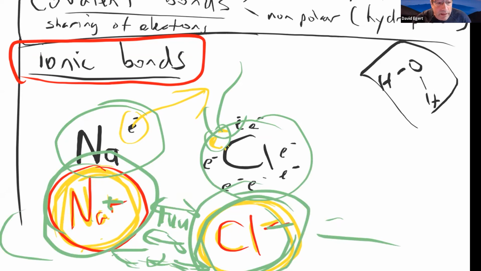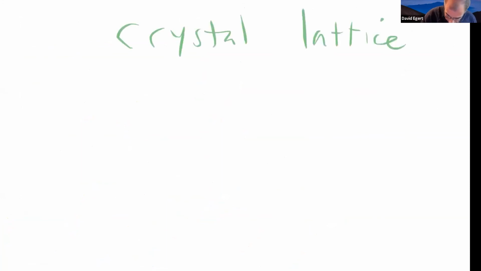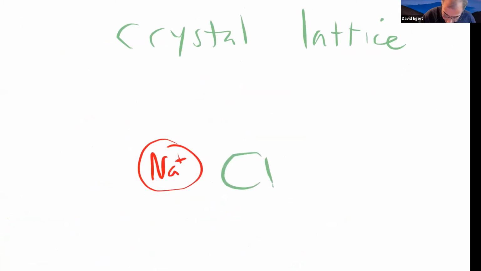So an NaCl is not really an entity like an H2O would be. Instead, you end up getting what we call a crystal lattice. We have our Na pluses, and the Na plus is going to be attracted to Cl minuses.